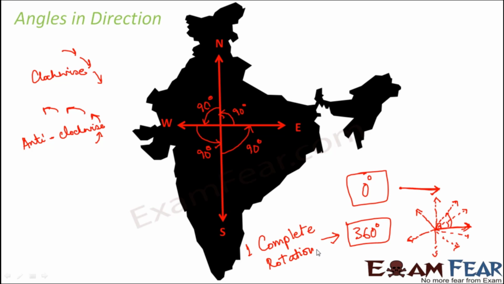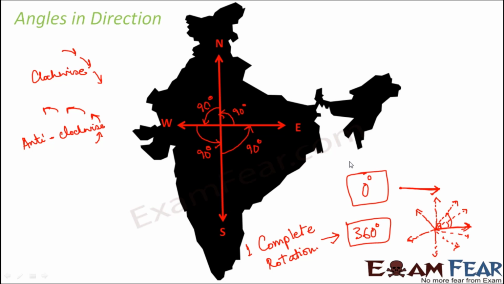Now when I say maximum value, that doesn't mean that an angle like 720 degree doesn't exist. If I talk about 720 degrees, that corresponds to two complete rotations, because one complete rotation is 360, one more complete rotation is 360. So 360 plus 360 is 720 degrees. So it is not that above 360 degree the values for angles are not possible.